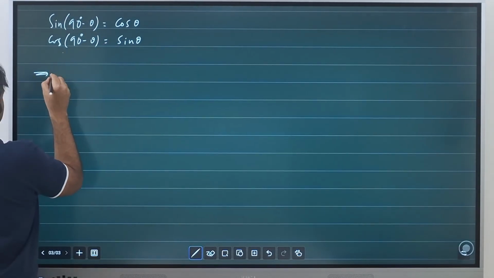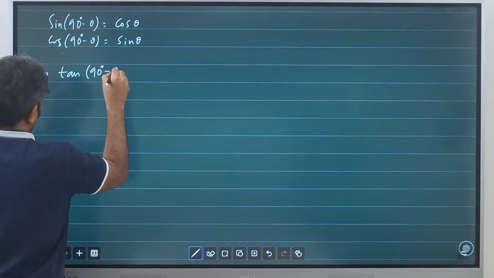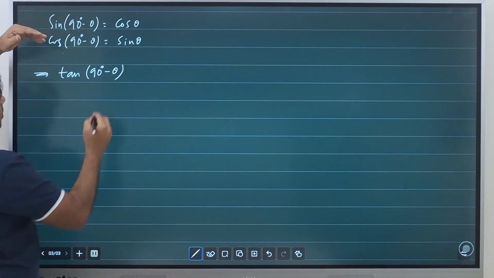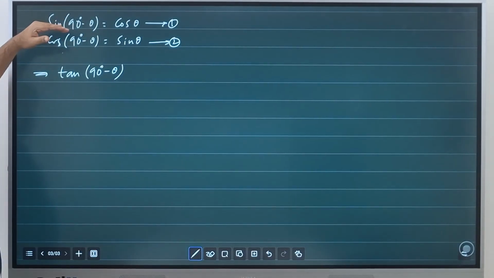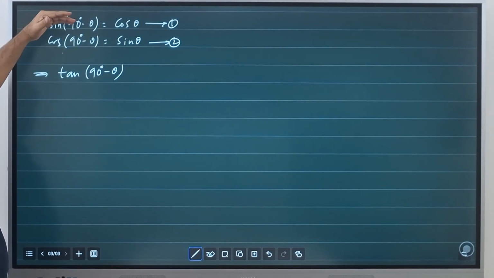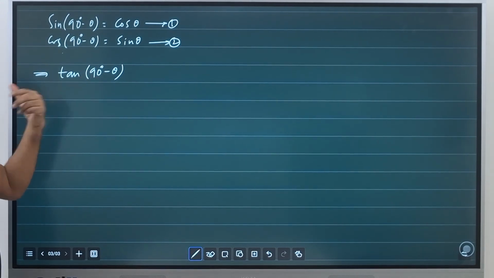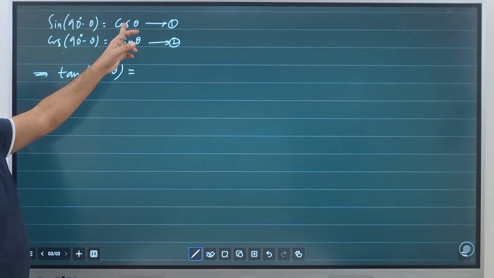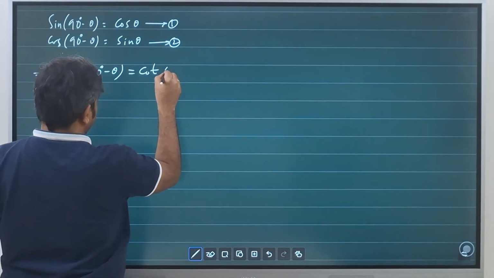So tan 90 degrees minus theta: divide equation 1 by equation 2. Sine 90 degrees minus theta divided by cos 90 degrees minus theta is equal to tan 90 degrees minus theta. And on the right hand side, cos theta divided by sine theta. What are we getting? Cot theta.